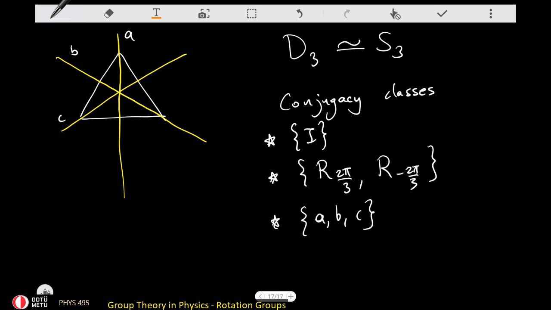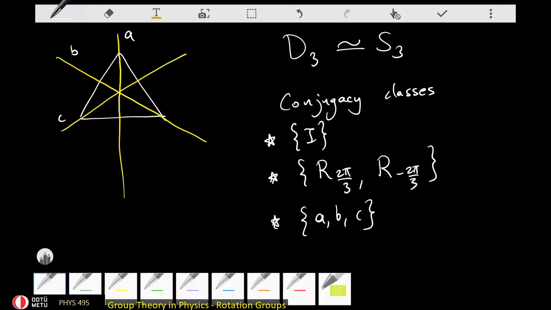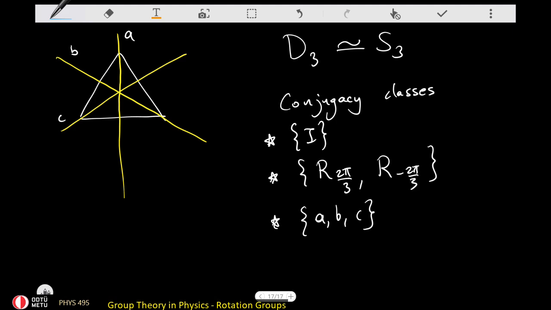So how do they correspond to this S3 in here? Just remember this. I'm going to use a blue color in here. Of course, I can also consider the group as the group of permutations of the corners. So let's remember that the identity is identity. We had the same conjugacy class in here.